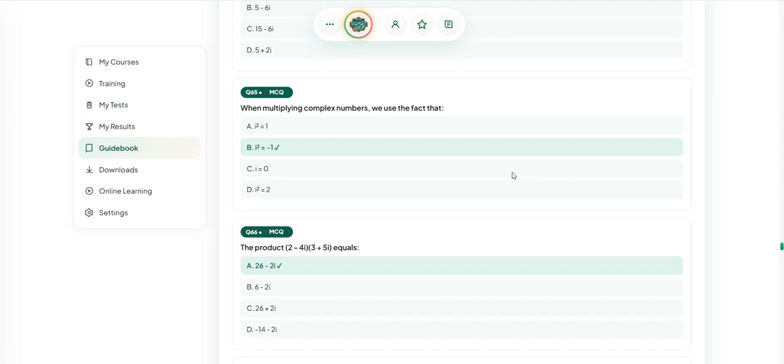When multiplying complex numbers, we use the fact that i square is equal to minus 1.